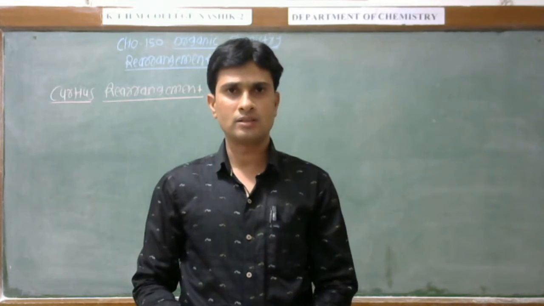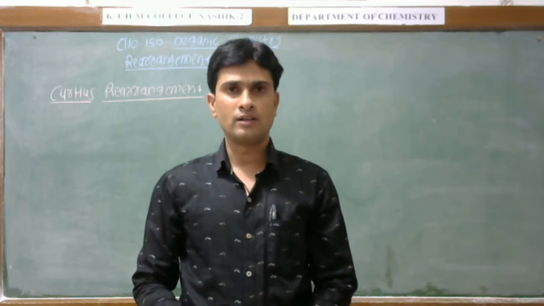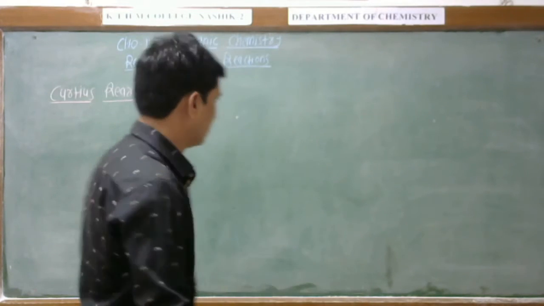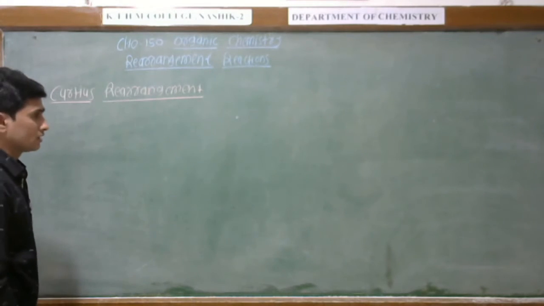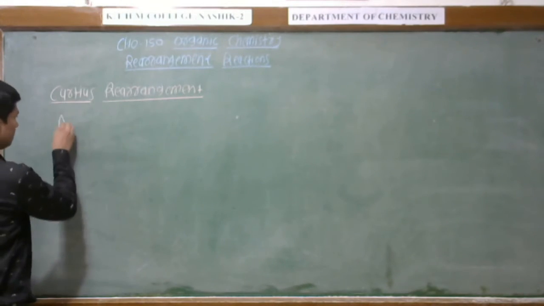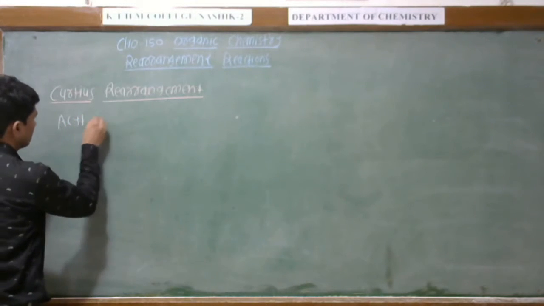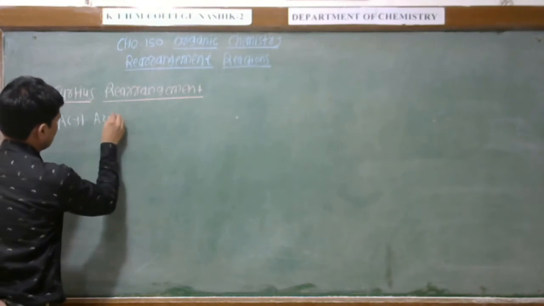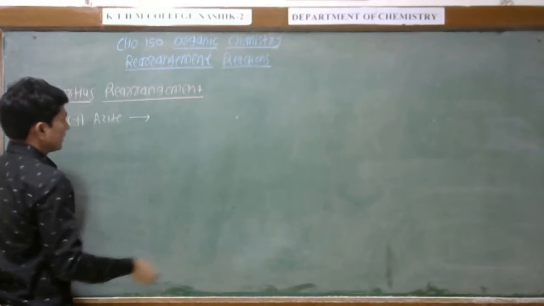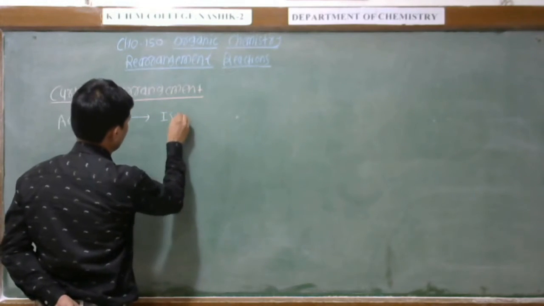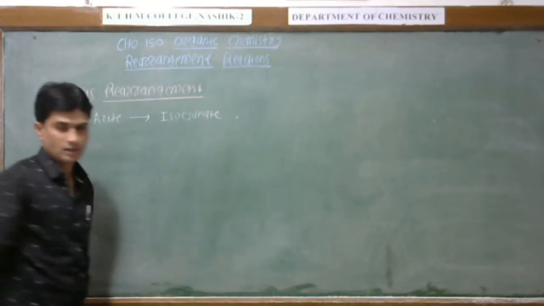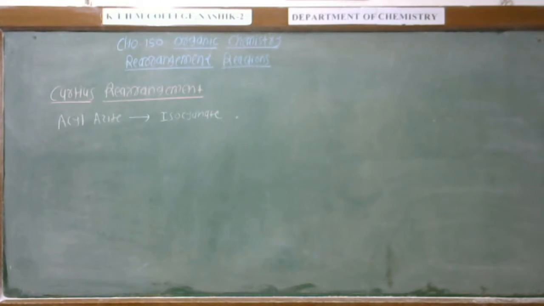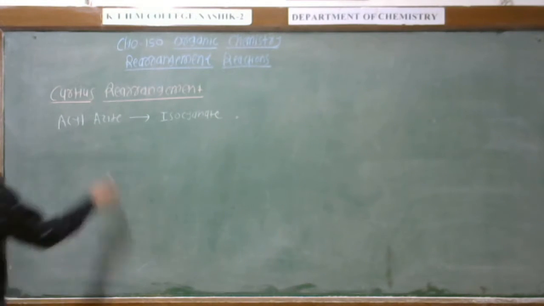Let us first discuss the Curtius rearrangement. In the Curtius rearrangement, the conversion is acyl azide to isocyanate. Now, what is the structure of acyl azide?